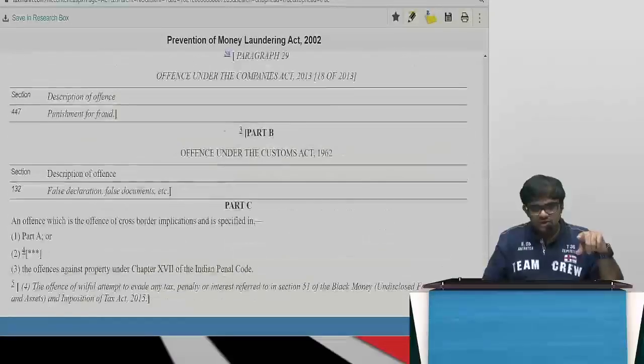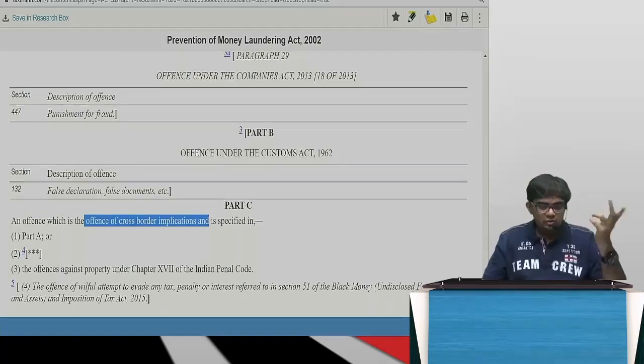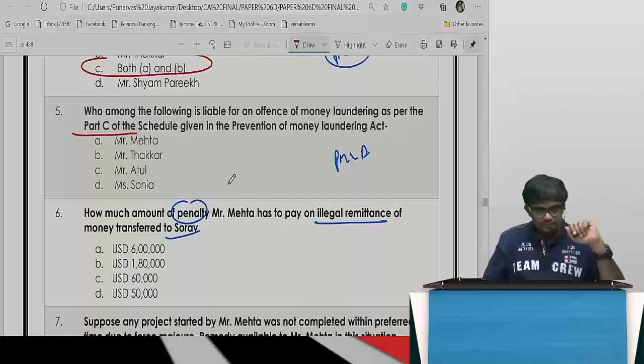But if you go to part C, offense of cross-border implications of that which is specified in part A. So cross-border, who? Sonia madam will be liable here.